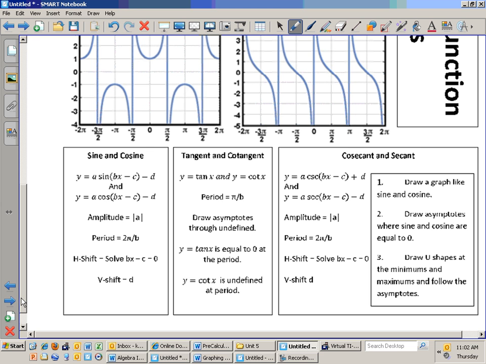What I would also like you to have out is that sheet of notes that I gave you that has the unit circle on it. And I would encourage you to have that out all the time, as I've said before. It will help you, unless you are a master at the unit circle, which may be the case. But if you're not, you might want to have that out.